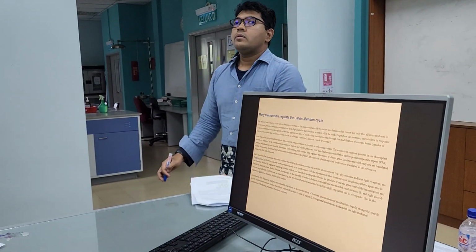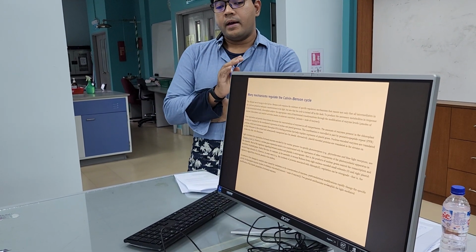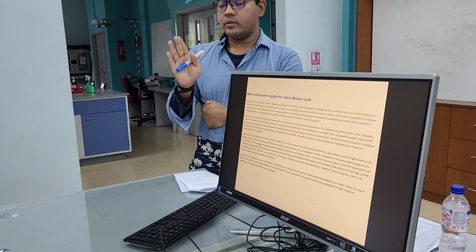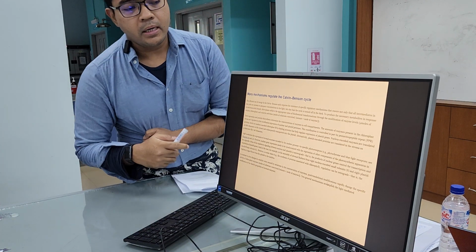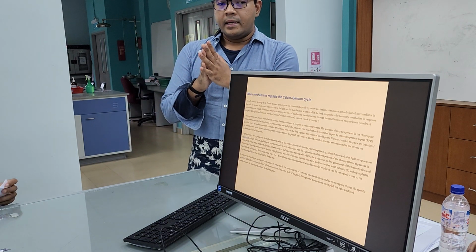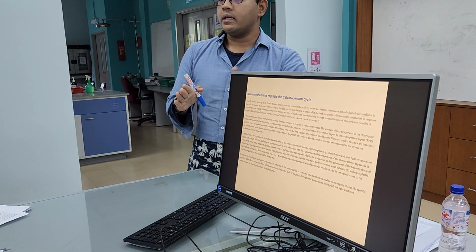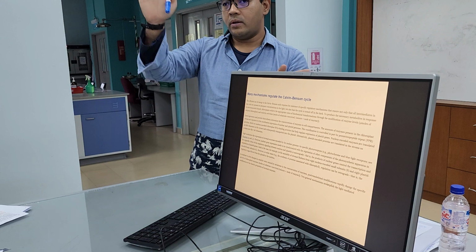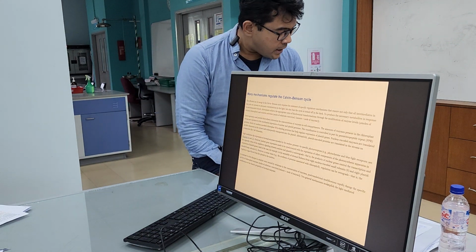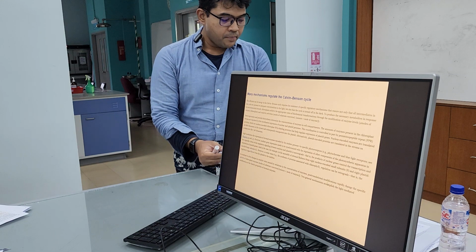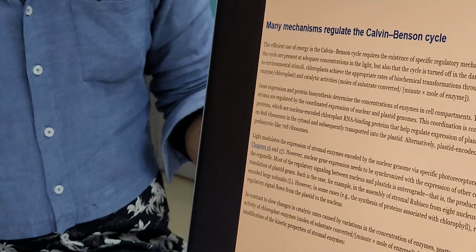Okay, so up to this point, you have learned that the moment the sugar precursor, which is G3P, is formed, it needs to exit the cycle or to proceed with regeneration. If it decides to proceed with the regeneration, that is going to follow step number 4 until step number 12.